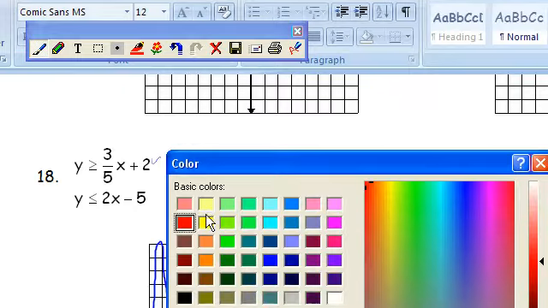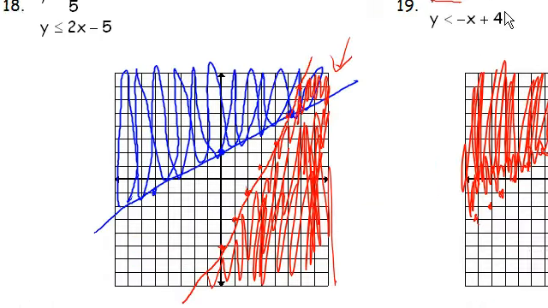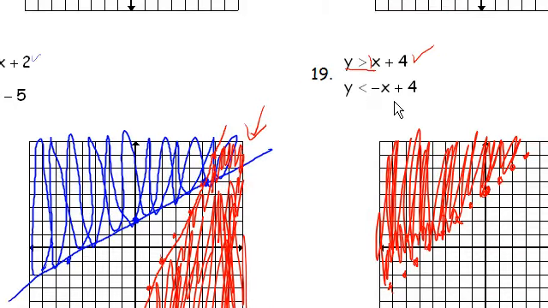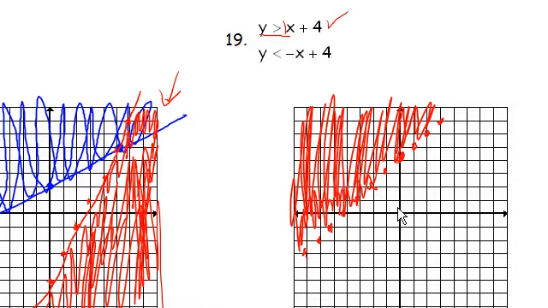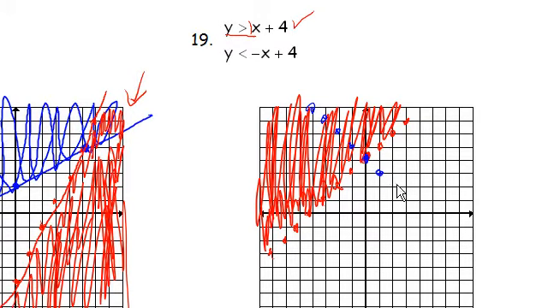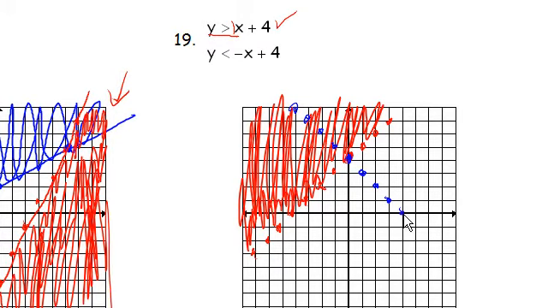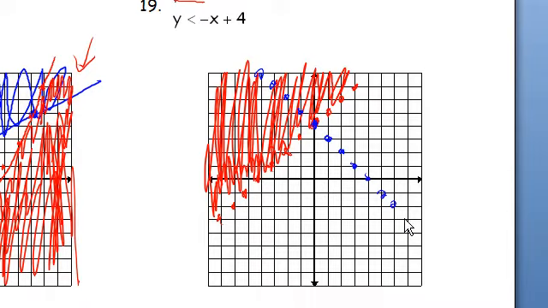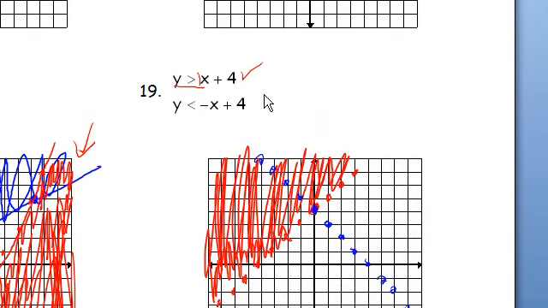And let's do this second equation here. I'll choose blue. Y is less than negative x plus 4. So here's 1, 2, 3, 4. But this one has the same intercept, but it has a negative slope. And this too is a dotted line. And we will shade everything below it.